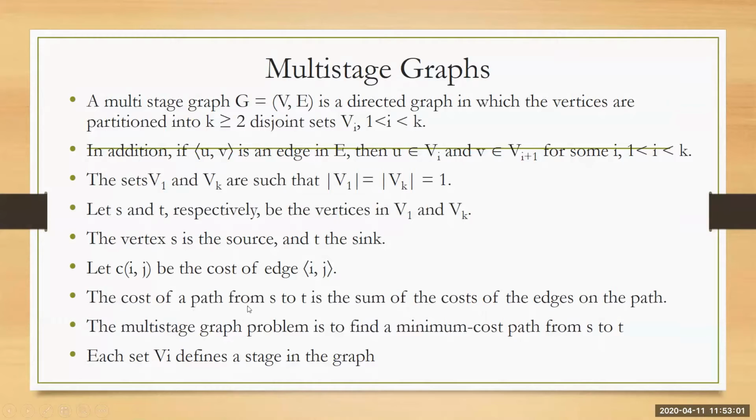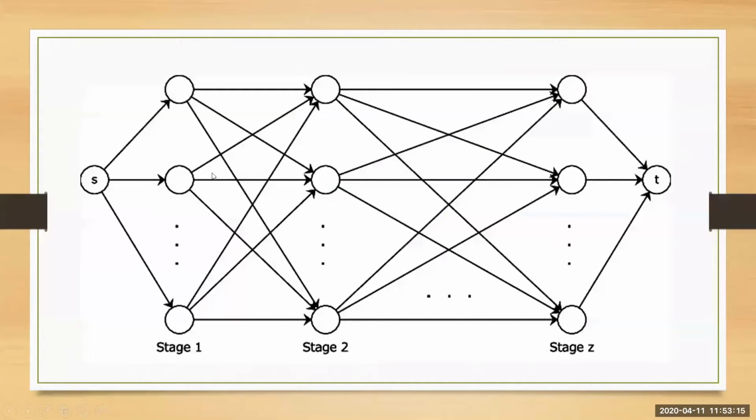The cost of a path from S to T is the sum of the costs of the edges of the path. So the cost of the path from S till T is the sum of the costs of all the edges that come in the path.